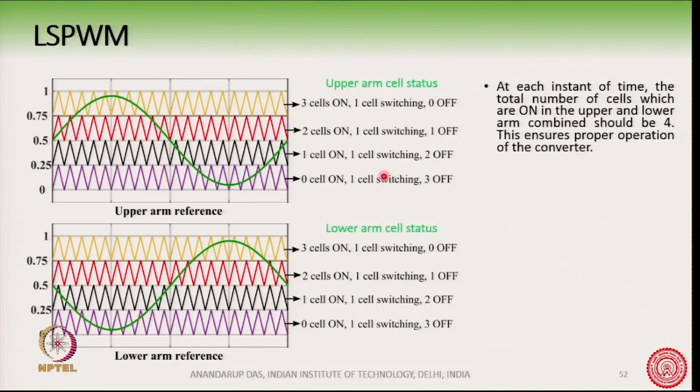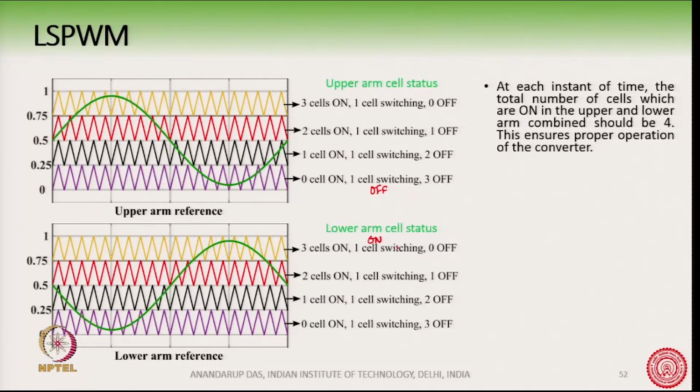If for the upper and lower arm, this is on and this is off, the 2 cells which are switching in the upper arm and the lower arm are complementary.